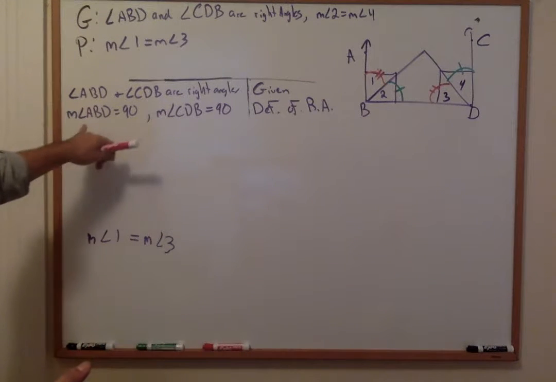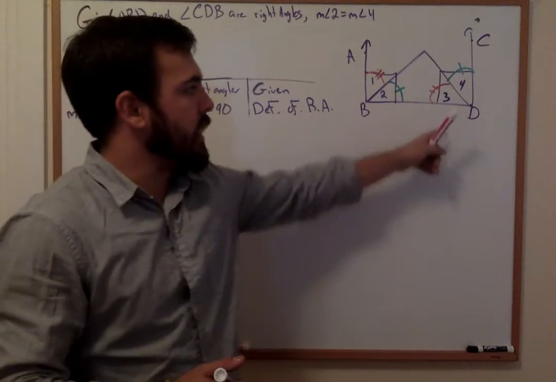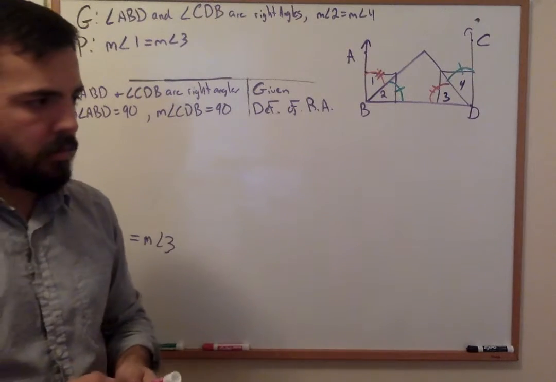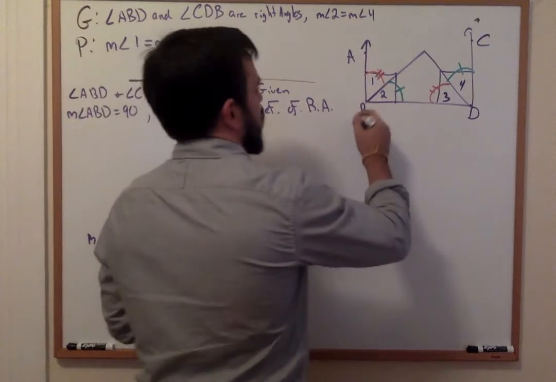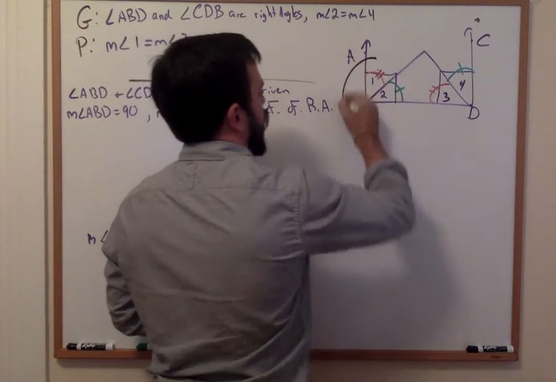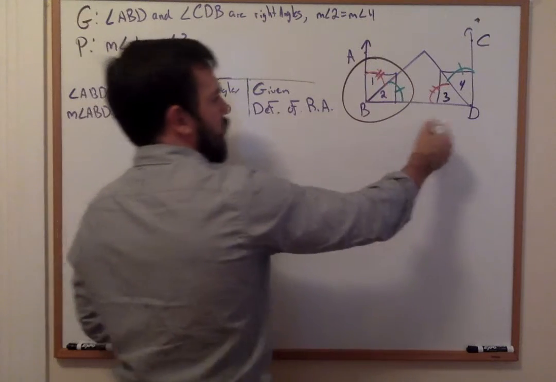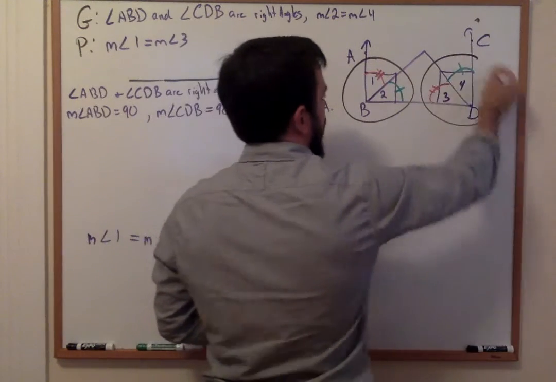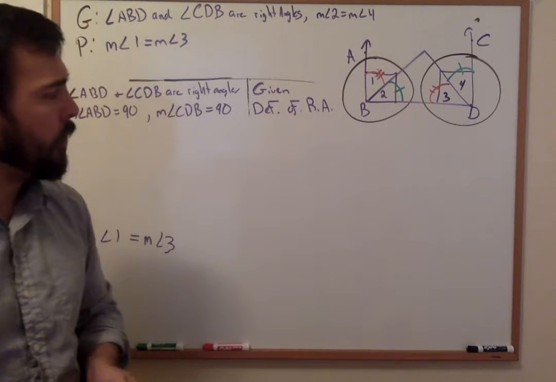We know that both the measure of ABD and the measure of CDB equal 90. All right, well, if they equal 90, then this big angle ABD and this big angle are the same. All right, that's helpful.